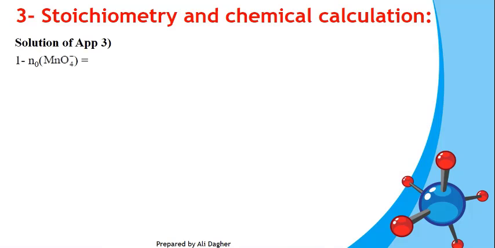Solution of application 3. We should calculate the initial number of mole for each reactant to deduce the limiting reactant and the reactant in excess. Always we use the initial number of mole.